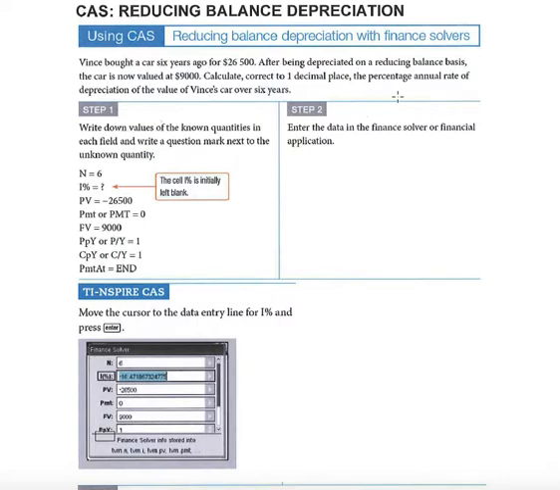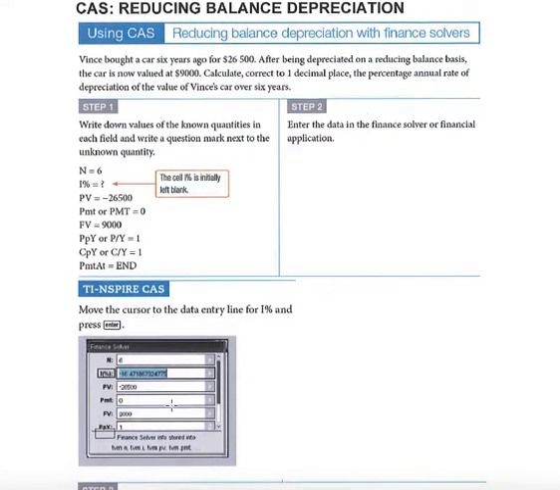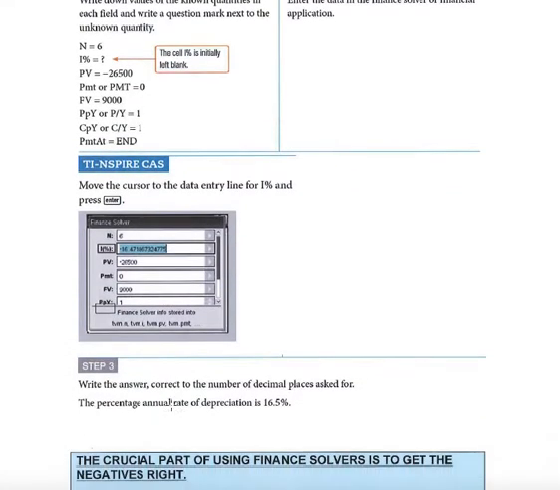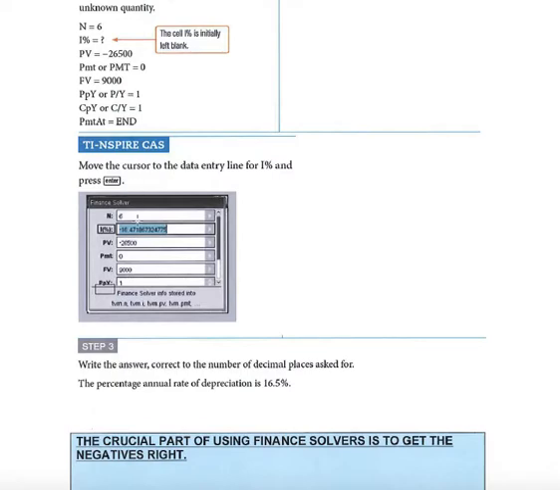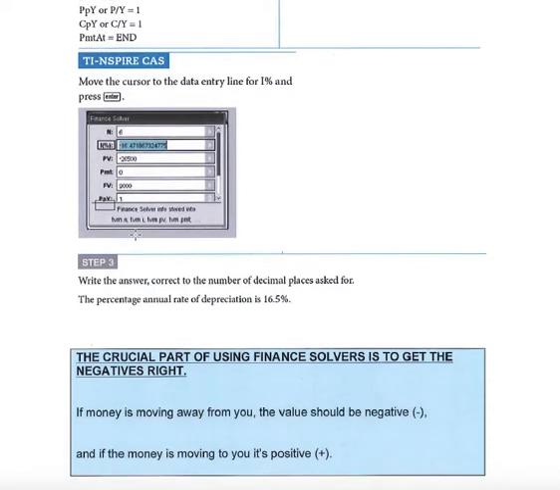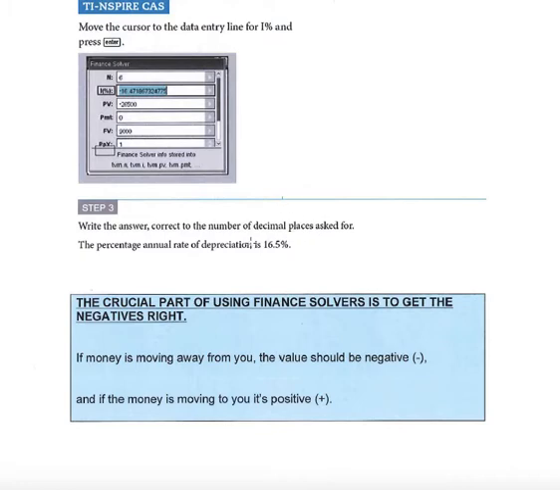Calculate, to one decimal place, the percentage of the annual rate. So they're asking for the interest rate here, or the I%, so we've left that blank. And when you actually calculate it, once you've entered all the fields, you press enter, and you can see that it's 16.47. Oh, sorry, it'll be 16.5 if it's to one decimal place. And there's your answer there. Okay, good luck.